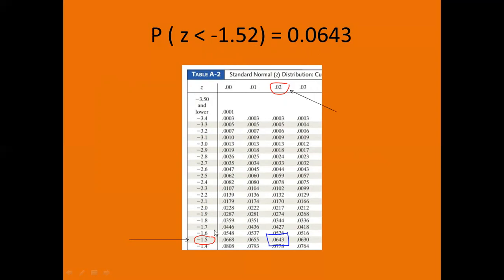Okay, so this is negative 1.52. After you determine these 2 points, kunin natin yung intersection. Okay, so intersection niya would be 0.0643. So that would be your area. Okay, so the probability that your standard score is less than negative 1.52 is 0.0643.